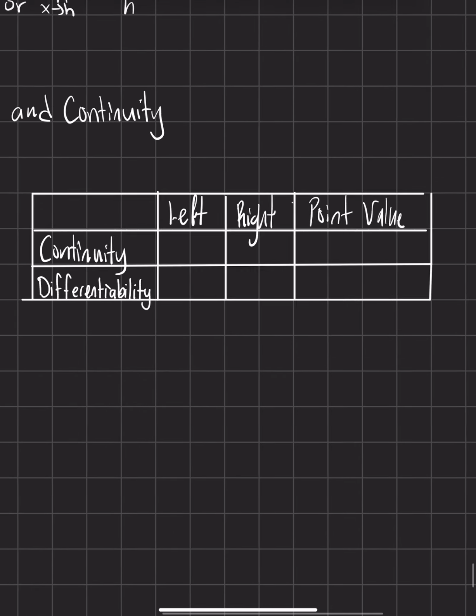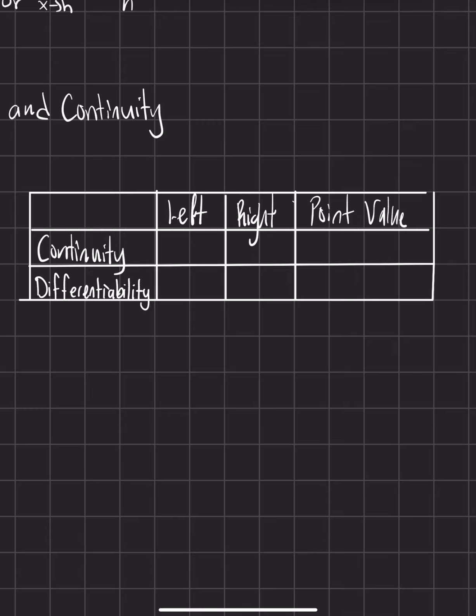What we need to know is for our function to be continuous, the left limit has to agree with the right limit, and our point value has to be the same, right? And so if we know that, then it's going to be continuous.